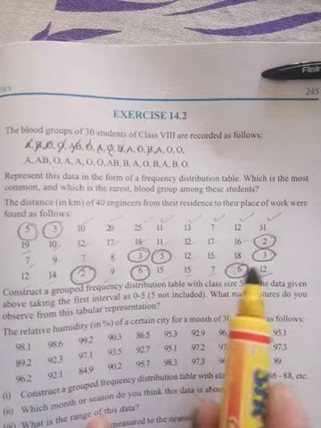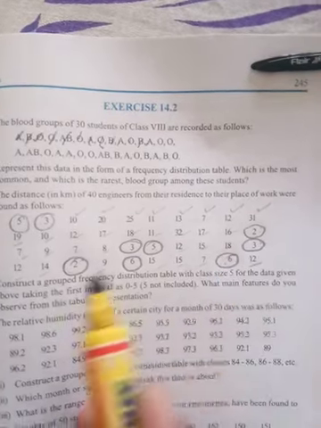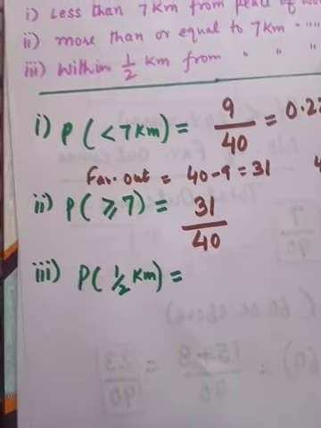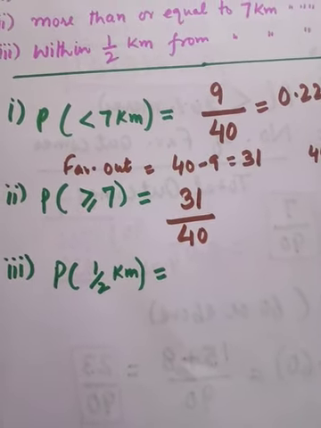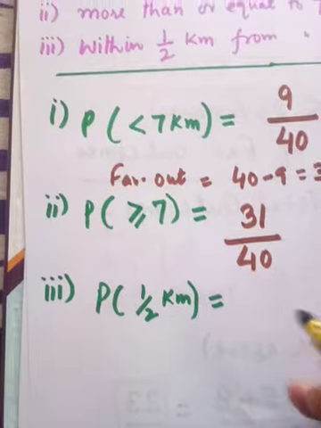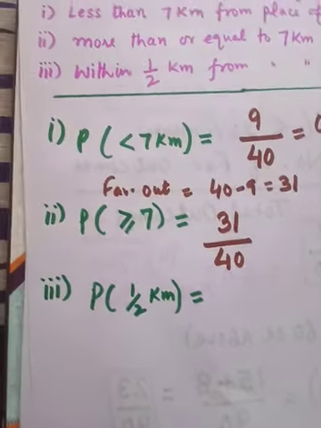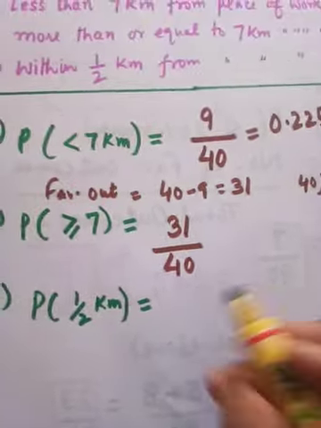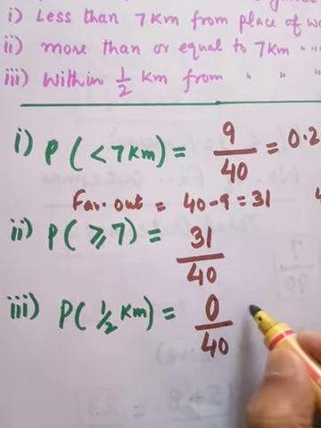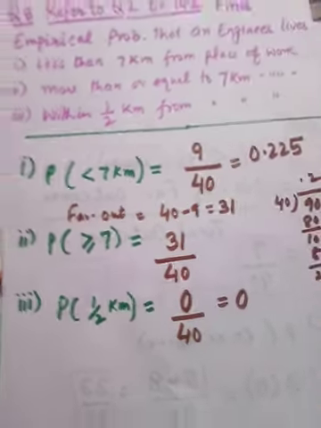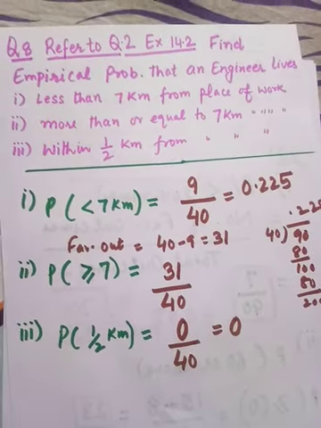No one is in fractions. So what kind of event is this? This is an impossible event, meaning no half is there. So when this type of case is there, this is an impossible event. So you know very well what is to be done for an impossible event. For an impossible event, the favorable outcomes are 0 out of 40, and that is 0. So that's all about this question.